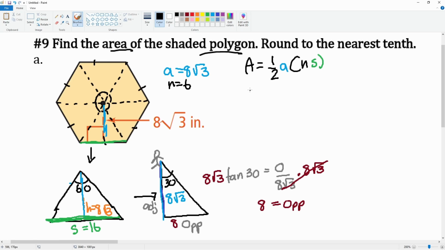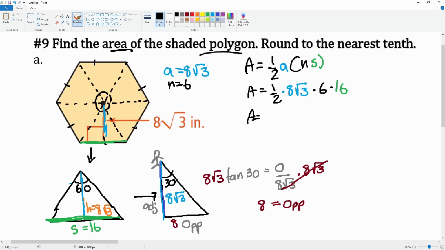Look, we have all our pieces here. Area is equal to 1/2 times the apothem, 8 radical 3, times the n, which is 6, times your side length, which is 16. You have all 3 pieces.